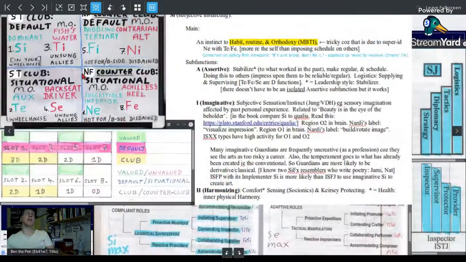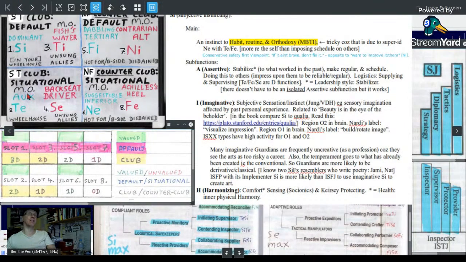So we've got these 3 factors in this model: valued, default, and club. And actually, what is the most important factor in this model? Club. If you're in the club function, you're in the top 4 automatically. Then it's valued.